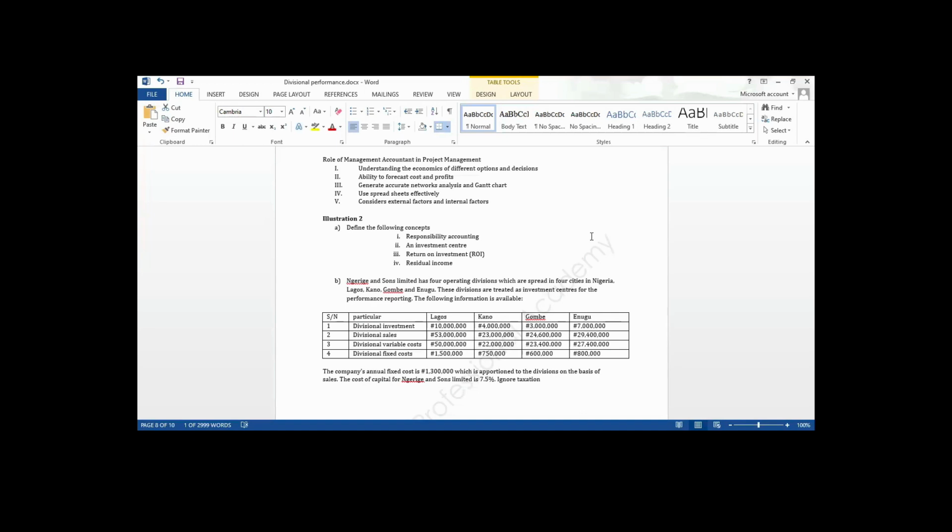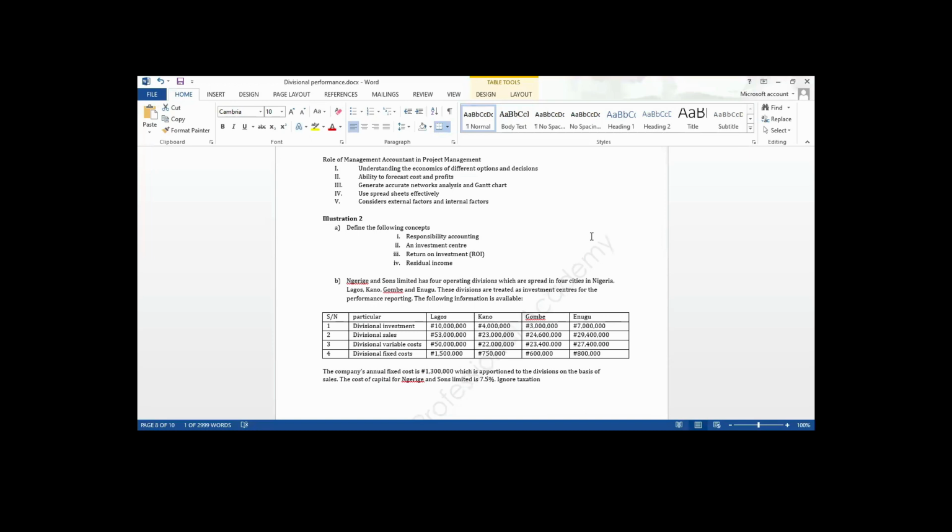Management will come here and ask, what is the performance of your students that wrote performance management? That means we are the responsibility accountant now. We are taking responsibility for that particular job.